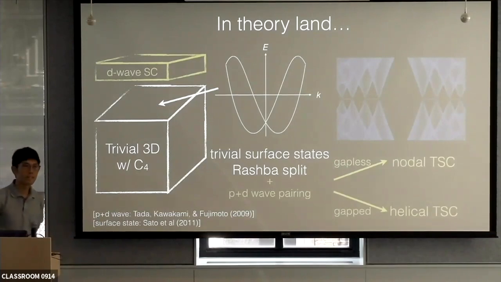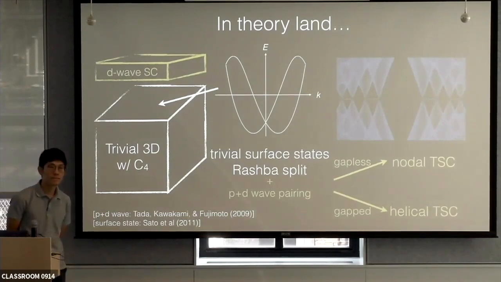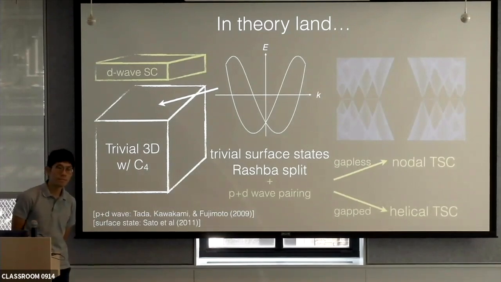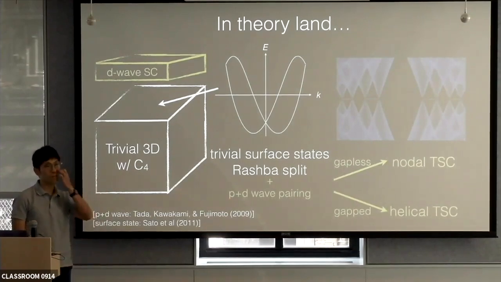On your question, suppose we have an S-wave superconductor, and there's some strong SOC. If you start with S wave in the bulk, it proximitizes itself on the surface, and may still remain S plus P wave.